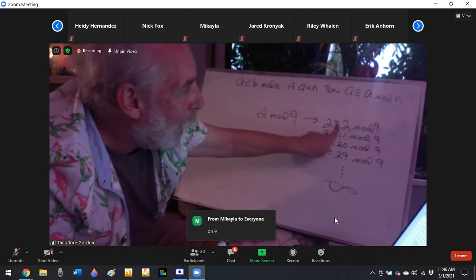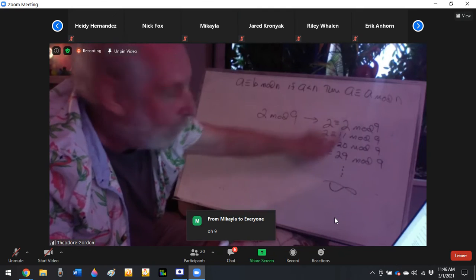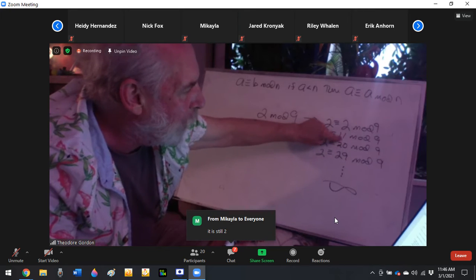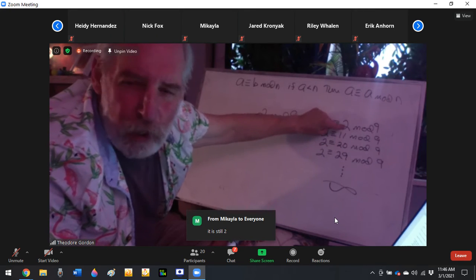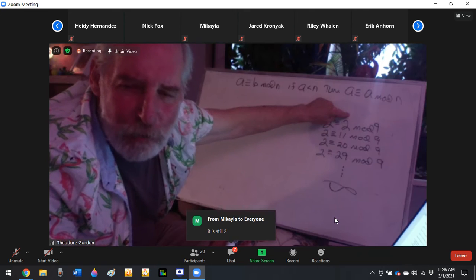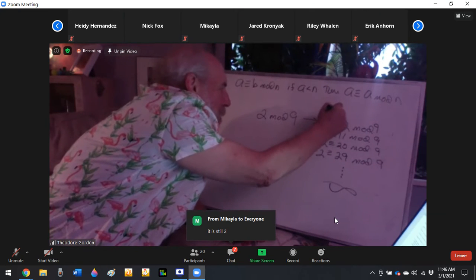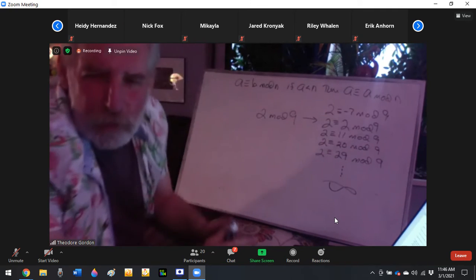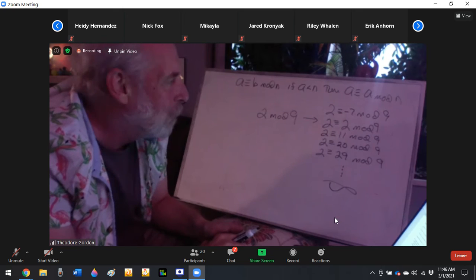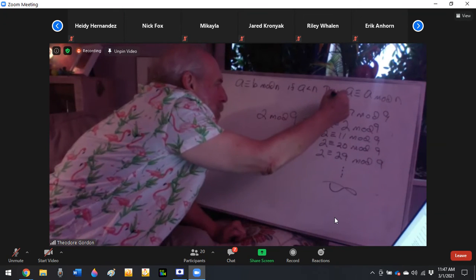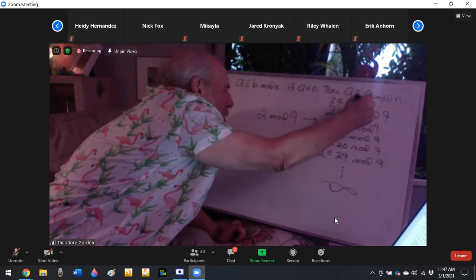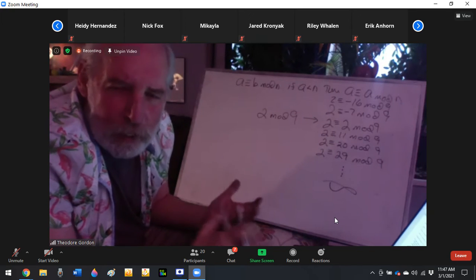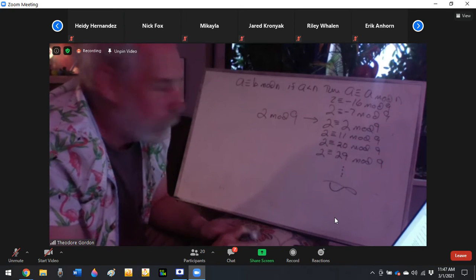What happens if I go that way, Michaela? The pattern continues. So 29, subtract 9, 20, subtract 9, 11, subtract 9, 2, subtract 9. What would I have here if I go the other way? You see what happens? There's your negative number. And there's another way of looking at that negative number that you had asked me about earlier.